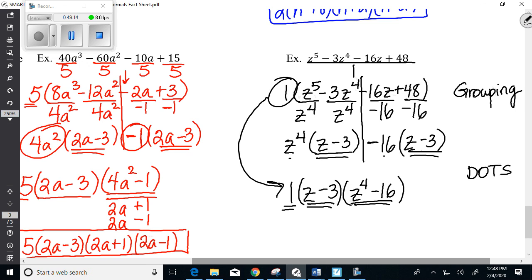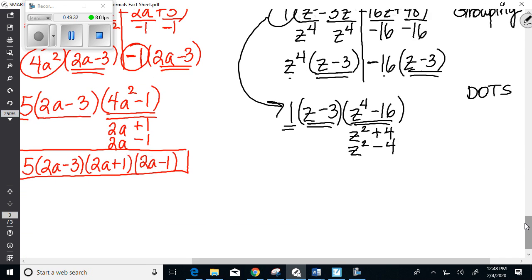So z to the 4th is z squared and z squared. Remember, any multiple of 2 qualifies under difference of 2 squares. Square root of 16 is 4 and 4. One of them positive, one of them negative. So that gives you 1 parentheses z minus 3, z squared plus 4, z squared minus 4. But don't get caught up. z squared minus 4 is still difference of 2 squares.